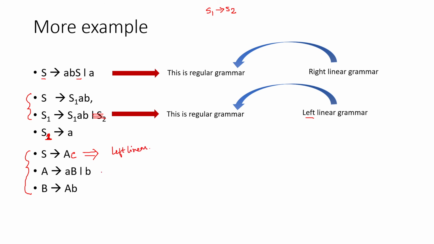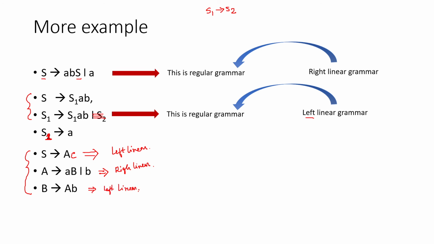But with respect to this production rule, at least if you forget about B right now, you think A to a small a capital B, then it is right linear grammar, because the non-terminal is present in the right side. Again, with respect to this production rule, it is left linear.